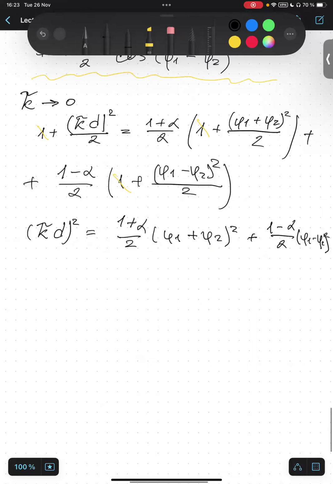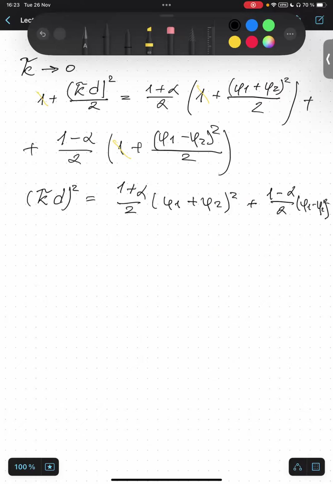So why did we do it? Because we can start to plot our dispersion.